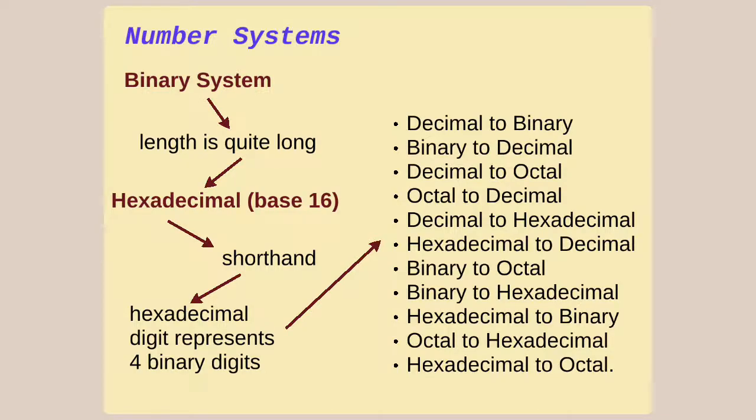And the other conversion systems will be decimal to binary, binary to decimal, decimal to octal, octal to decimal, decimal to hexadecimal, hexadecimal to decimal, binary to octal, binary to hexadecimal, hexadecimal to binary, octal to hexadecimal, and hexadecimal to octal.